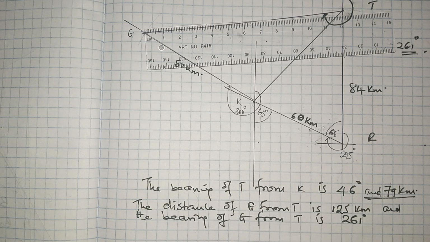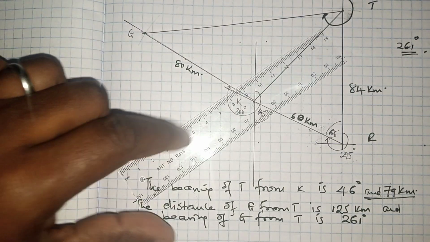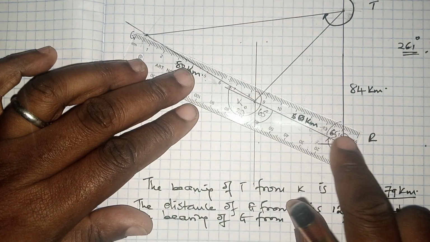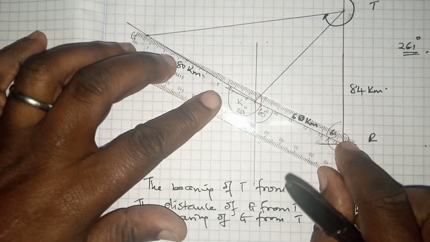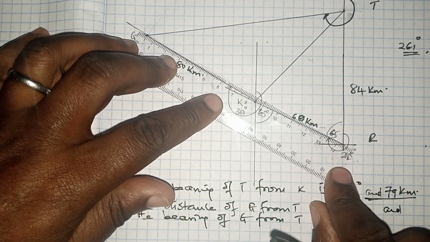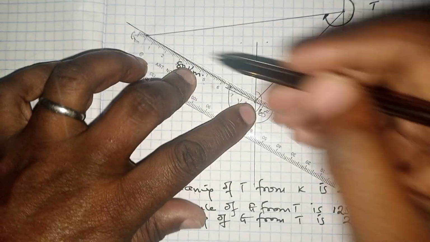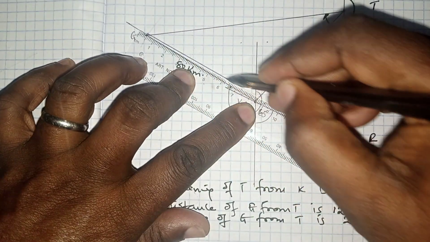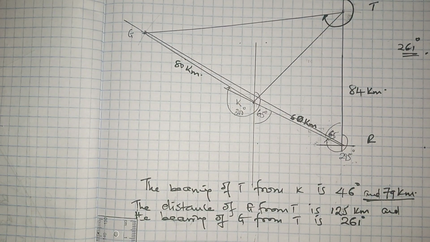Having said that, the very final question, the bearing of R from G. We just have to connect G and R with that line and use the protractor.